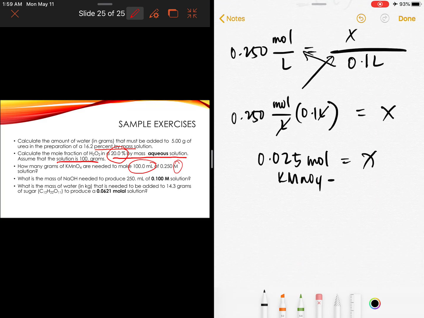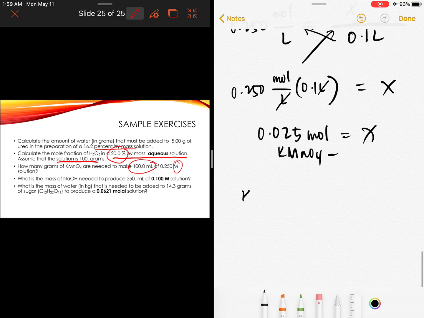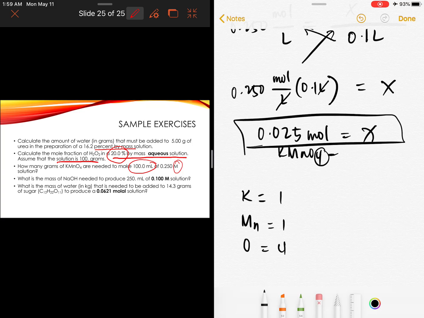But first, you need to get the molecular weight of your potassium permanganate. So let's break the elements down here. So you have 1 atom of potassium, and manganese 1 atom too. Oxygen, how many atoms do you have? You have 4. Okay. Now, the atomic weight for potassium is 39.10. You multiply that by that number.